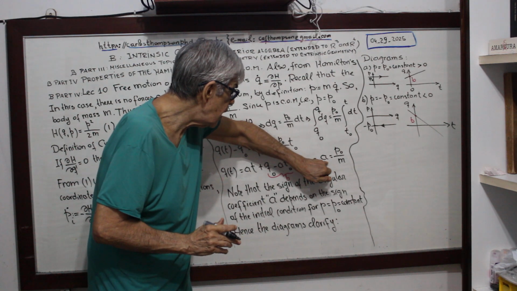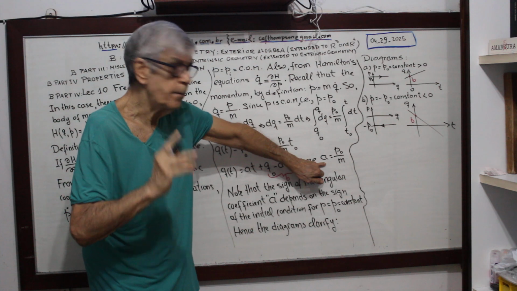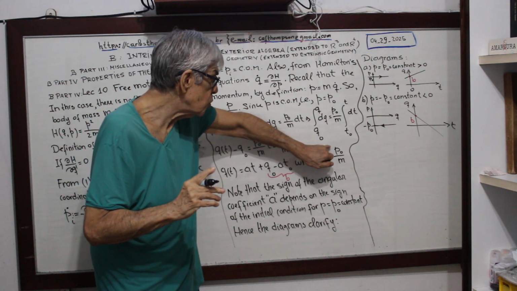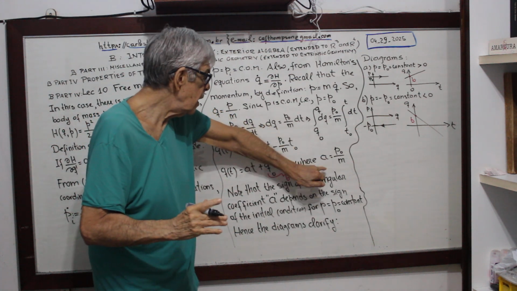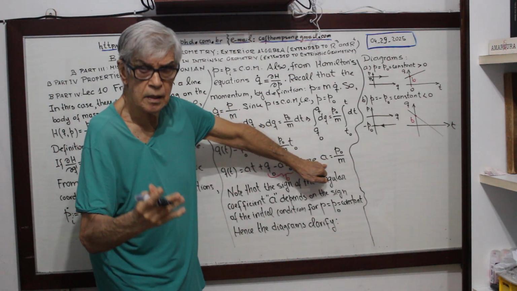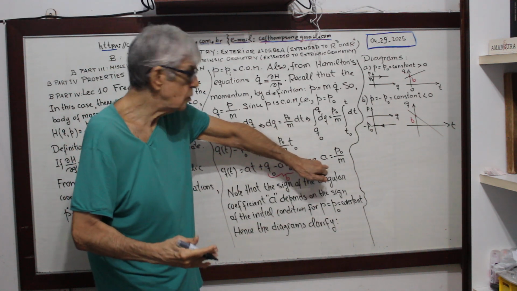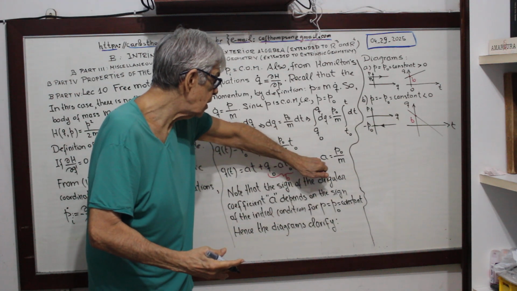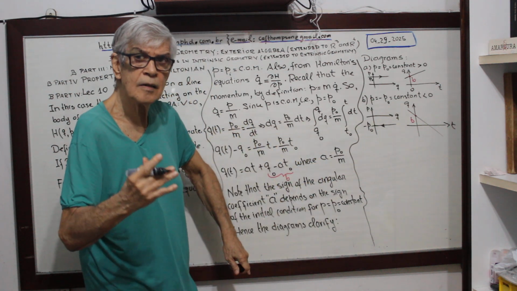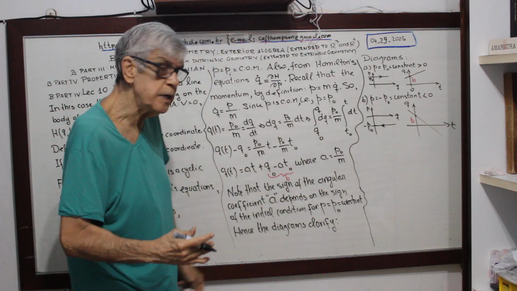You see, this a over here has a sign. Why? It depends on the initial condition on p, on the momentum. a can be 0, positive or negative. So this is the angular coefficient. It has a sign which depends on the initial condition on p.